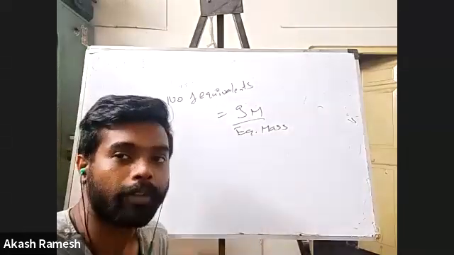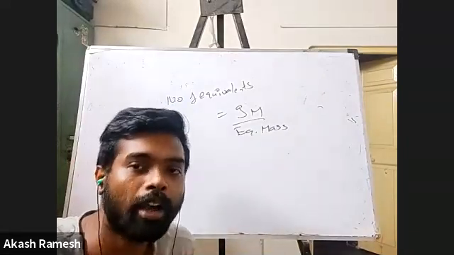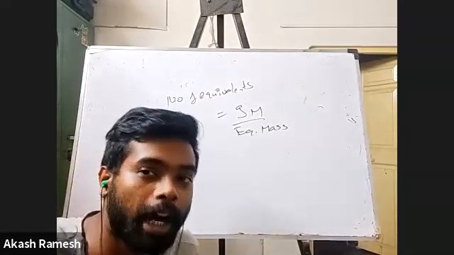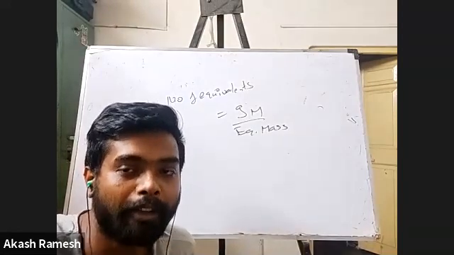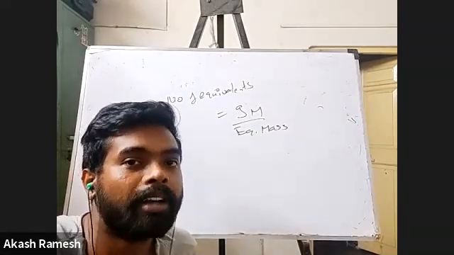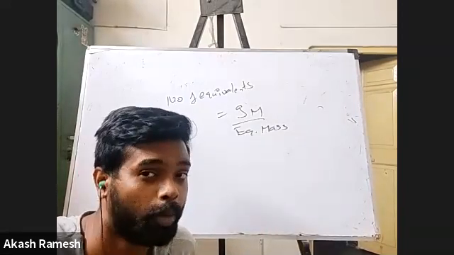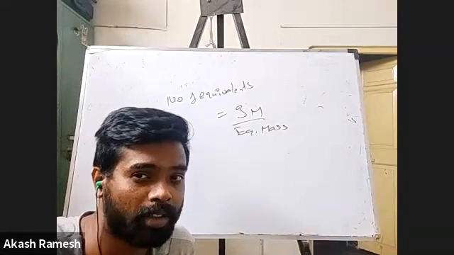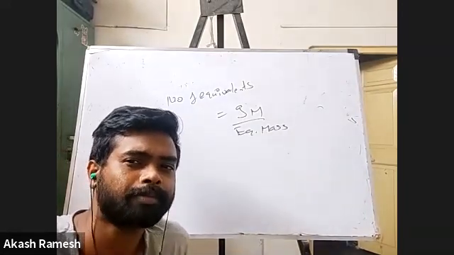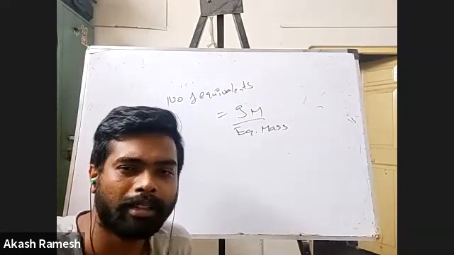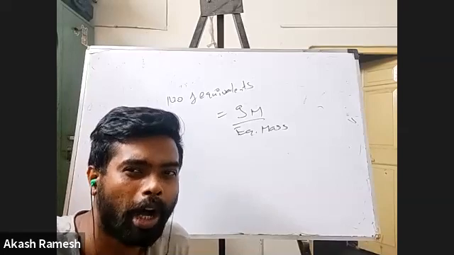Now when I go for stoichiometry with respect to the number of equivalents, what is the advantage? The advantage is that you do not need to have any balanced chemical equation. For most of the reactions you will be able to balance because it is sometimes easy. But if I have a very complex reaction, especially when I go for redox reactions, you know how time taking it is.